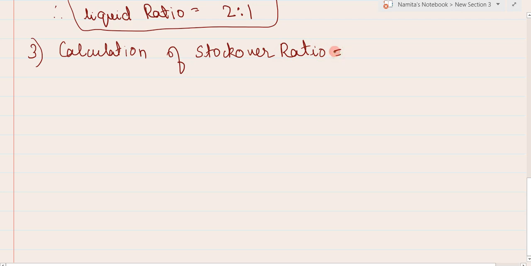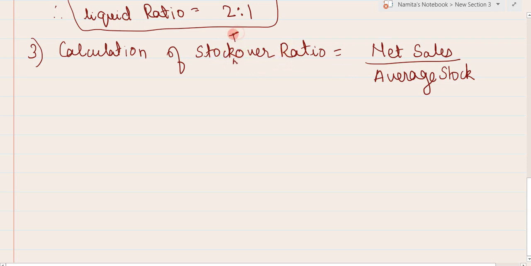Now the stock turnover ratio formula is net sales upon average stock. Okay, so this is the formula for calculation of stock turnover ratio, that is, net sales upon average stock.